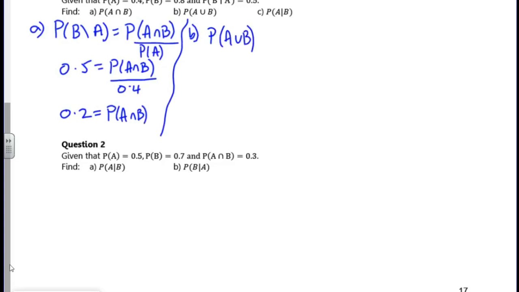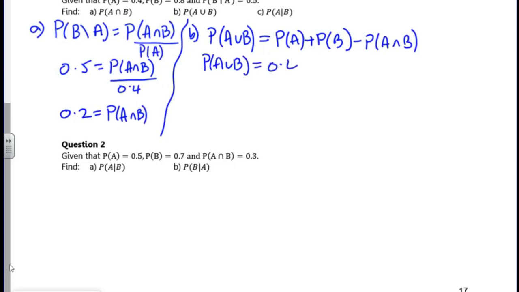Part B, A or B. So that'll be A plus B minus A and B. Everything.